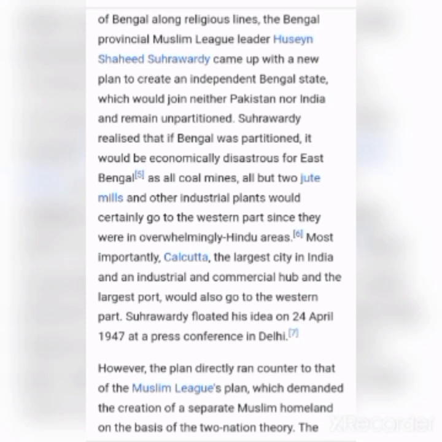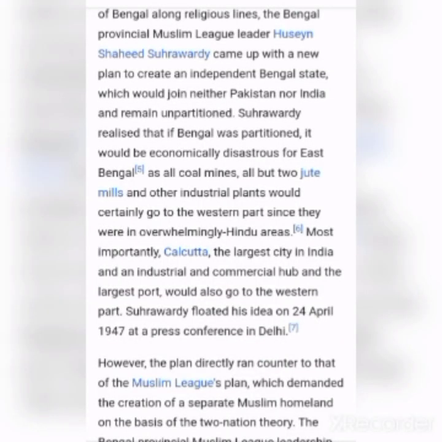Most importantly, Kolkata, the largest city in India, an industrial and commercial hub and the largest port, would also go to the western part.